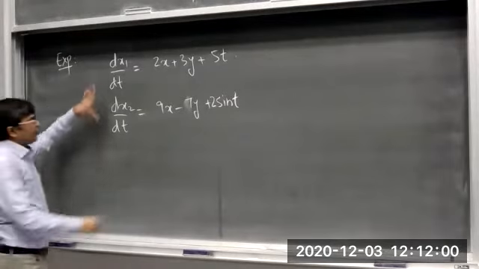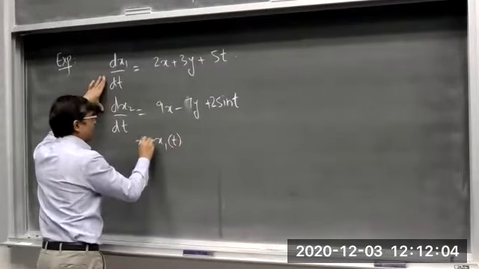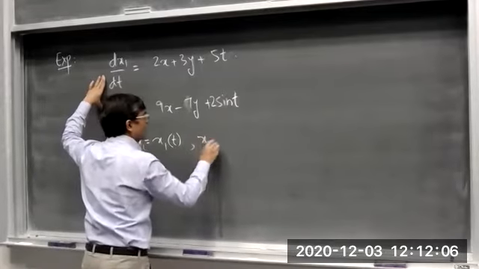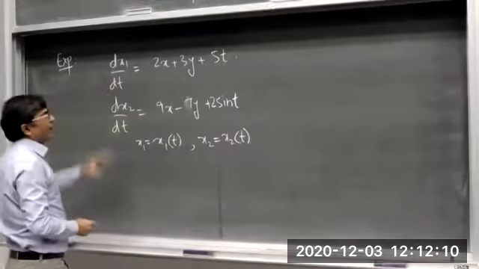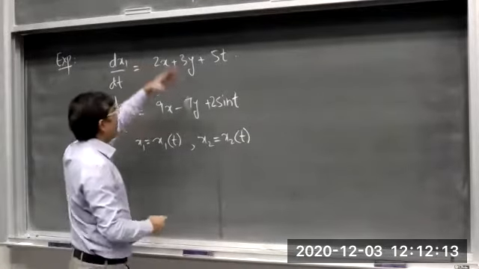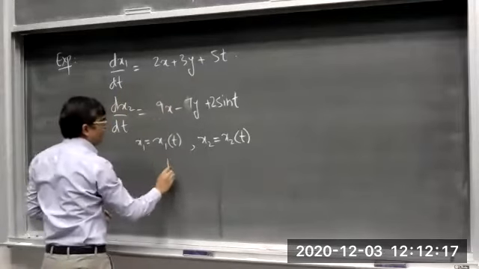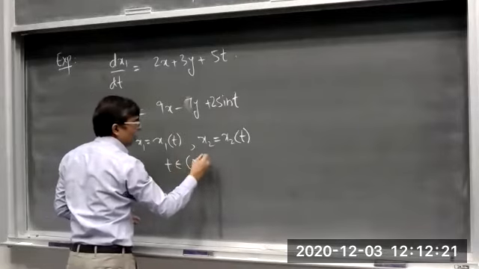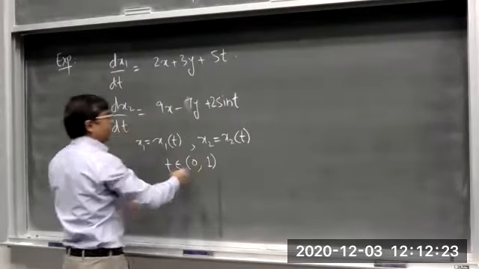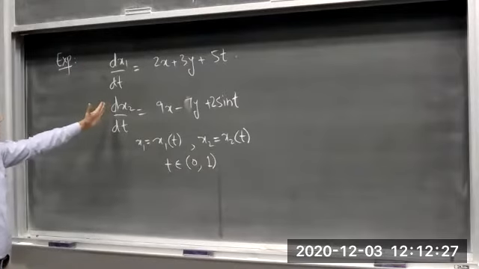Now in this system, I assume that x1 and x2 are dependent variables, and they depend on t, where t is the independent variable. We assume that t is defined here, t belongs to maybe 0 to 1 or 0 to infinity or anything. So this is your system of first order ODEs.